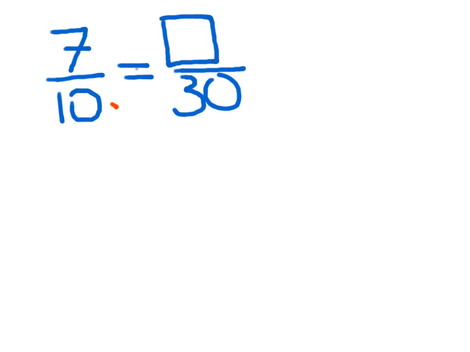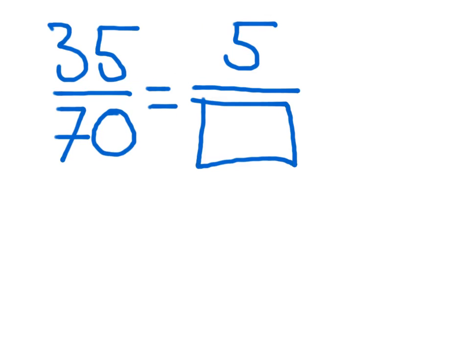Well, you'd multiply that 10 by 3. That would give us 30. So using the same rules as last time, if you do it to the bottom, you must do it to the top. Keep it fair and keep it balanced. So 7 times 3 will give us 21. So in this case, the equivalent fraction is 21 30ths.